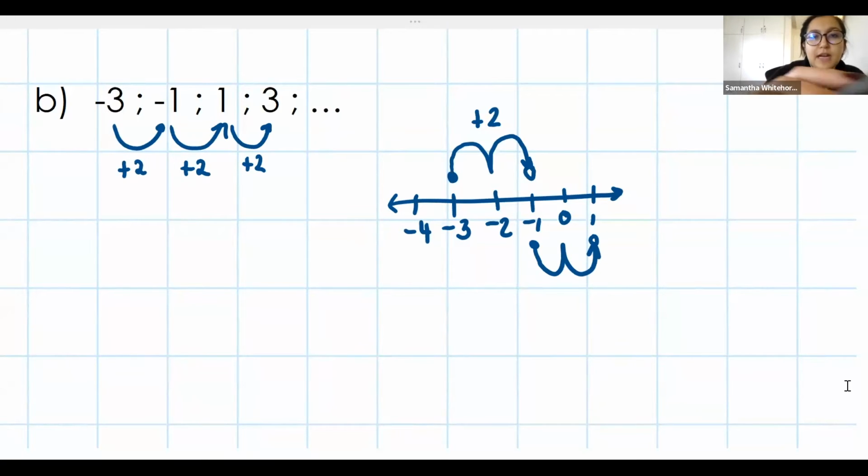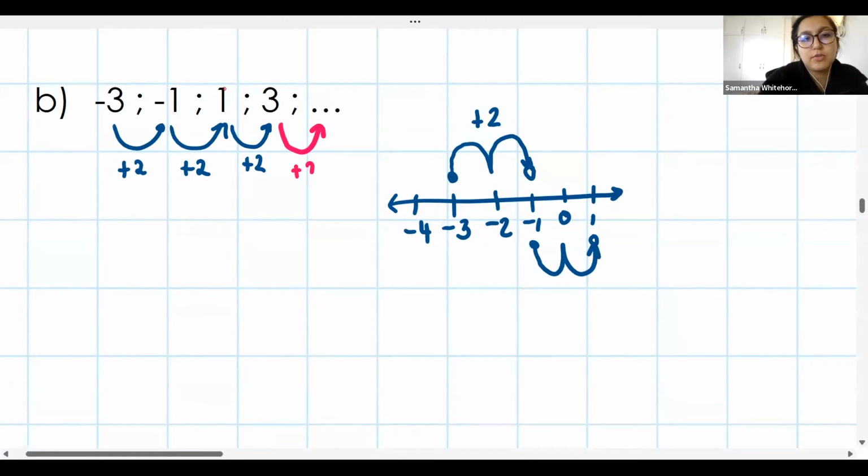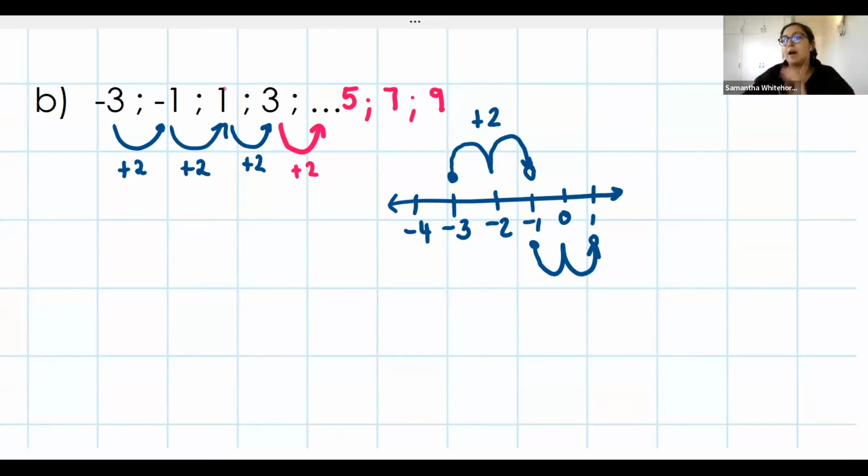So that means if I now want to get the next 3 terms, which is what the question asked me to do, I can add 2 to the 3 and I get 5. I can add 2 to 5 and I get 7. And I can add 2 to 7 and I get 9. So I've been able to find the next 3 numbers in my number pattern.